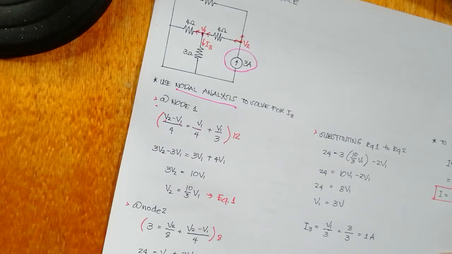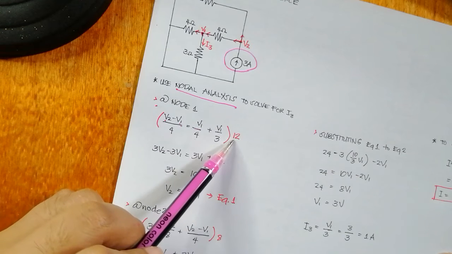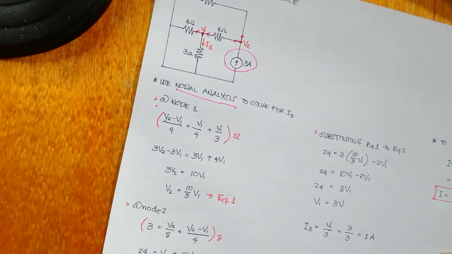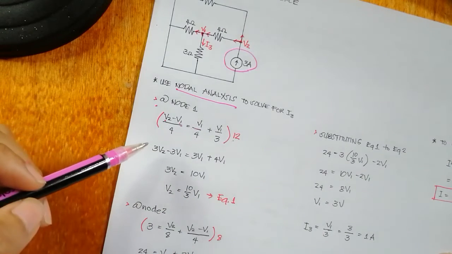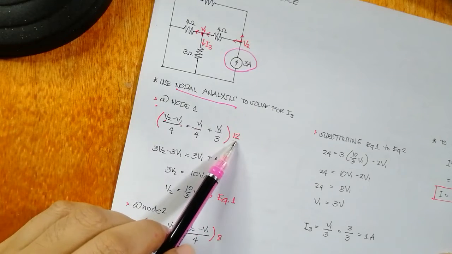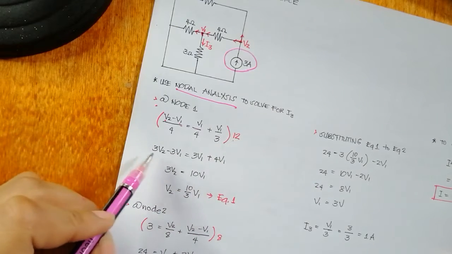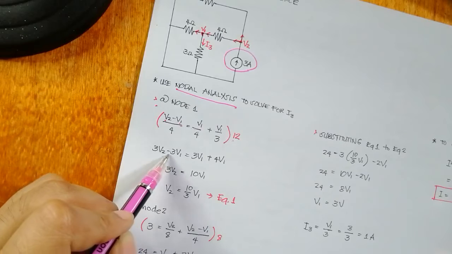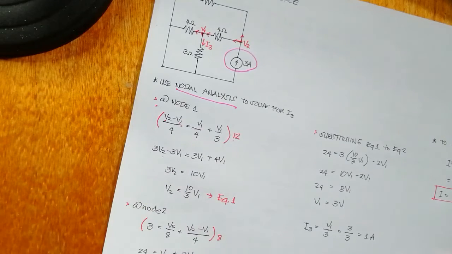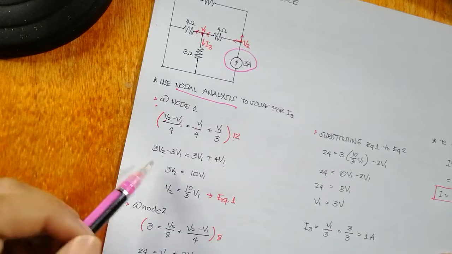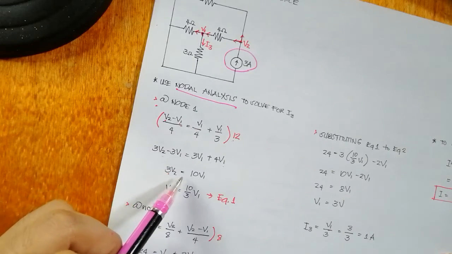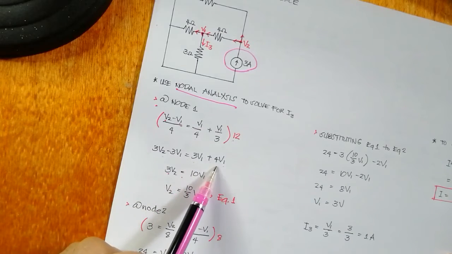Then simplifying the equation, we can multiply 12 to both sides. So multiplying 12 to both sides, we have 3V2 minus 3V1 is equal to 3V1 plus 4V1. Then combining like terms, we can have 3V2 is equal to 3V1 plus 3V1 plus 4V1.